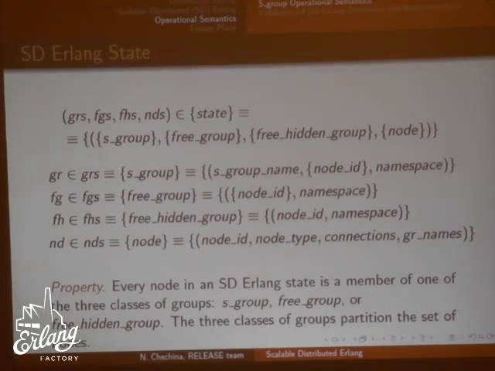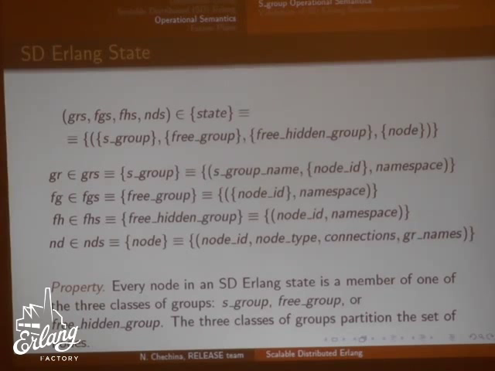So the state is actually about s_groups, a set of s_groups, a set of free groups, and by a free group we mean a set of normal nodes interconnected to each other. And then a set of free hidden groups. Every hidden node is a free hidden group, because a group we define as having its own namespace and consisting of nodes with which it has transitive connections.